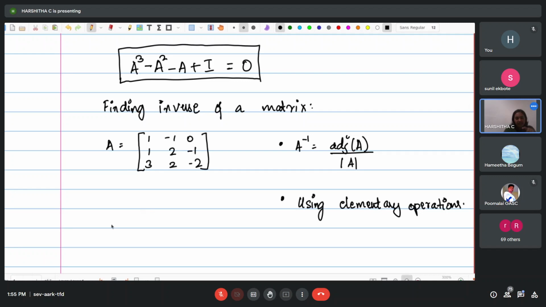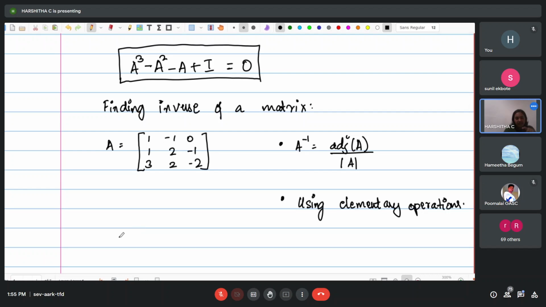How did you do that? We can put the elements other than I to the right hand side. Then we can multiply A inverse by both sides.